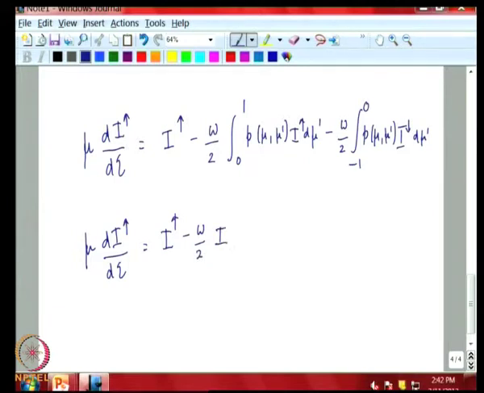We are taking the I out of the integration because of the constant by our assumption. So, we will get a simple integration of the phase function.